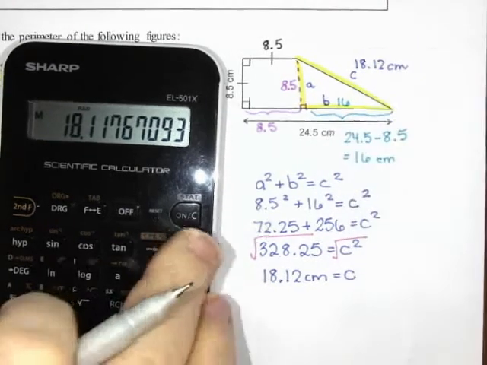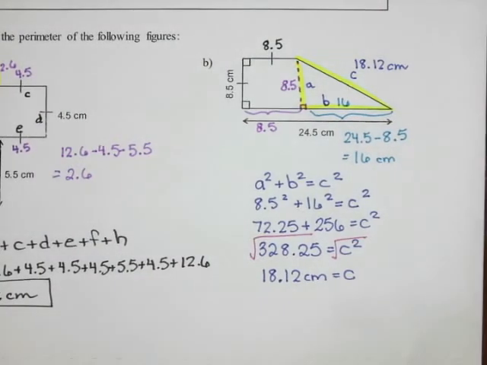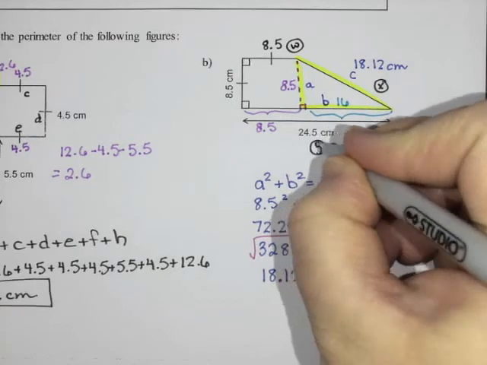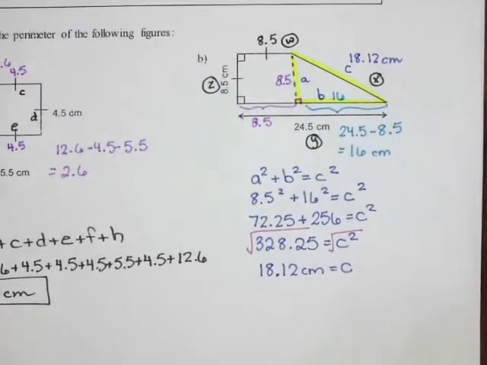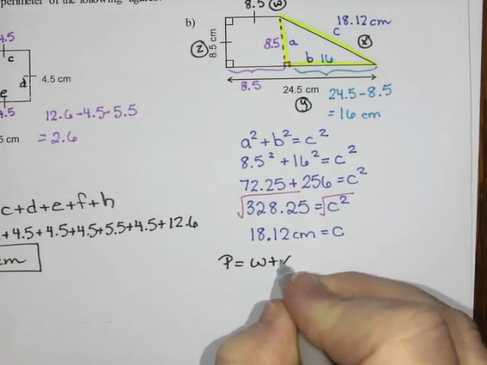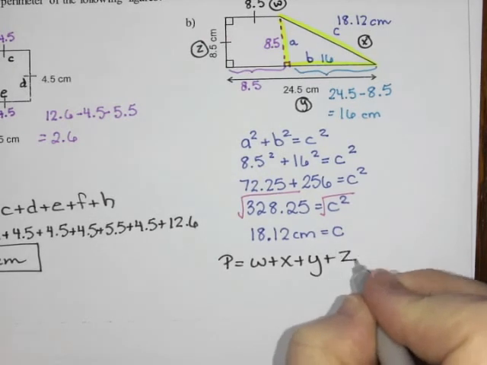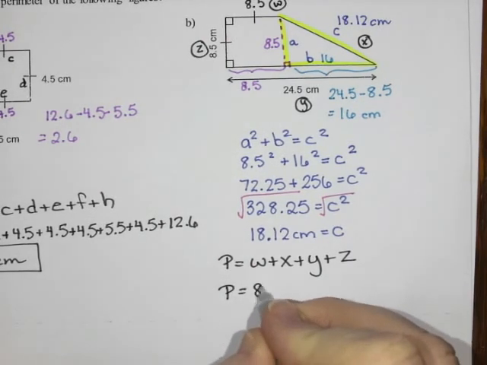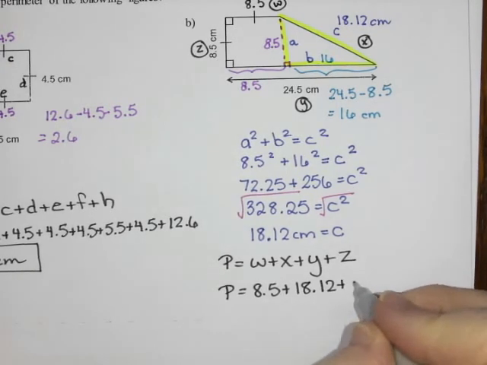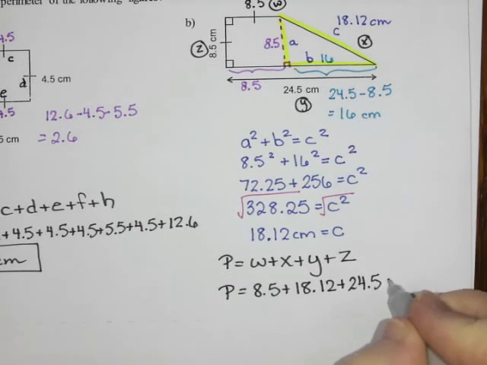So I now know that this slanted side is 18.12 centimeters. So when I go to calculate the perimeter, I'm just going to add together all 4 of the outside edges. I'm going to label them. Since I've already used A, B, and C, I'm going to pick some different letters. I think I'm going to do W, X, Y, and Z. So I'm going to do perimeter equals W plus X plus Y plus Z. So 8.5 plus 18.12 plus 24.5 plus 8.5.